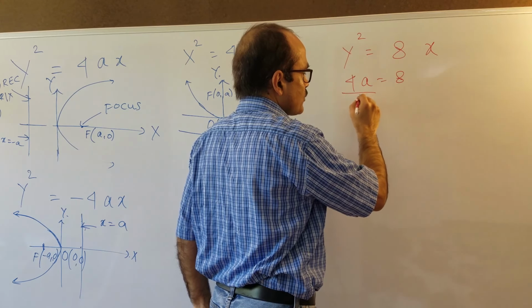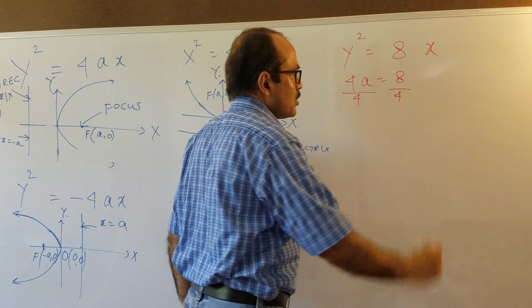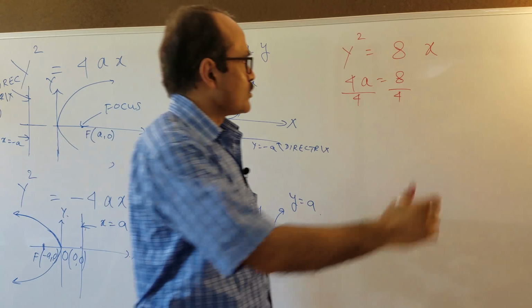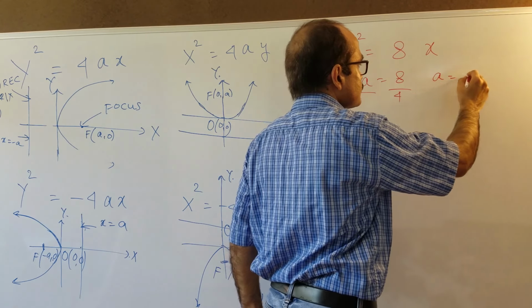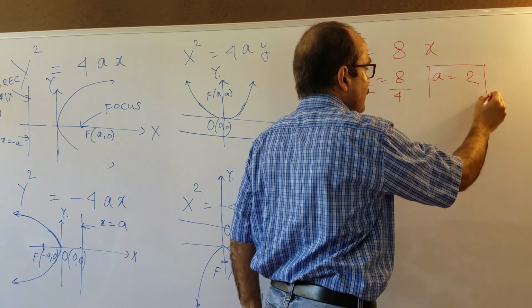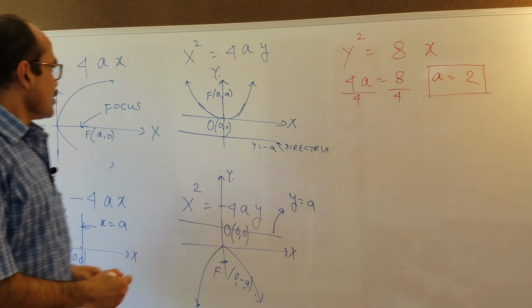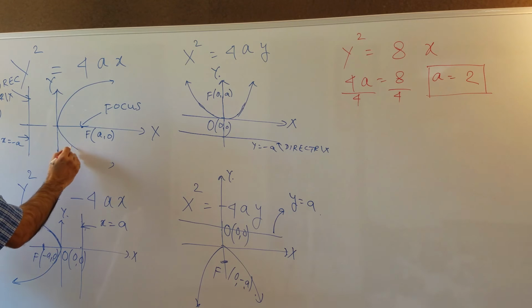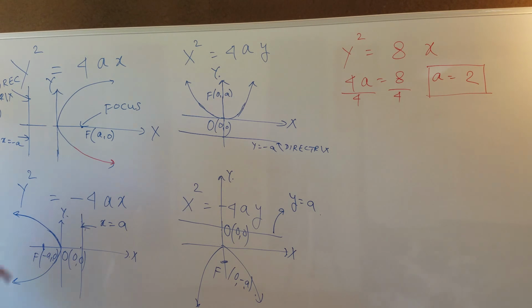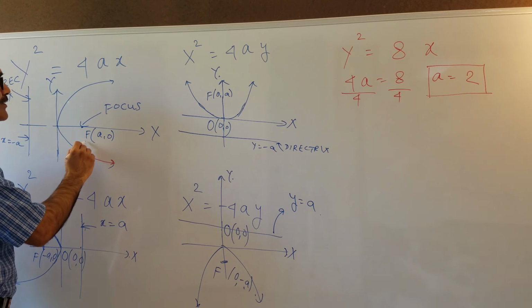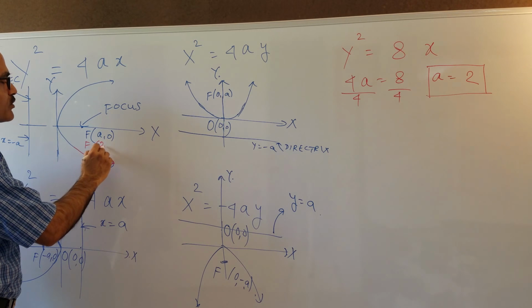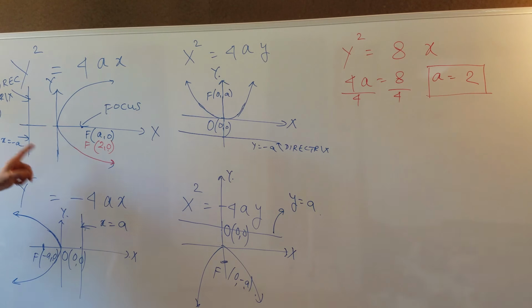So, dividing both sides by 4, we get a is equal to 2. So, the plot of y square equal to 8x will be this one with focus at 2, 0 and directrix equation x equal to minus 2.